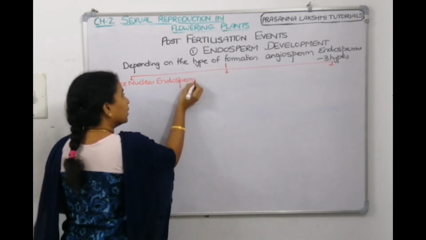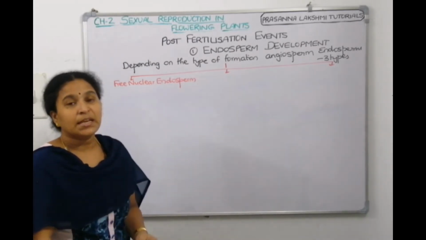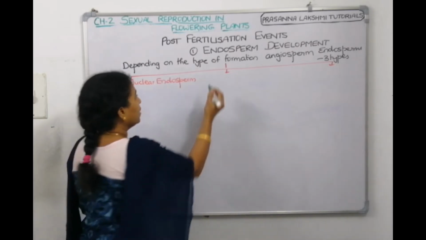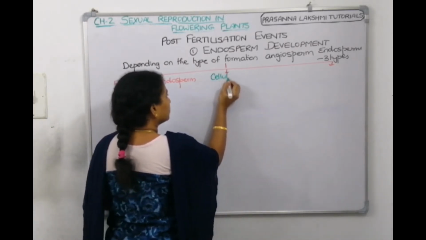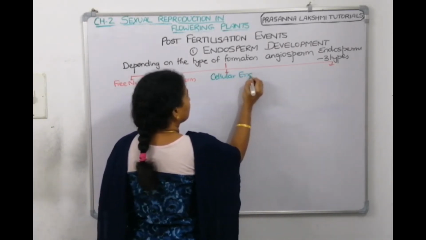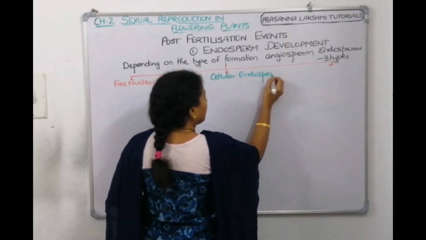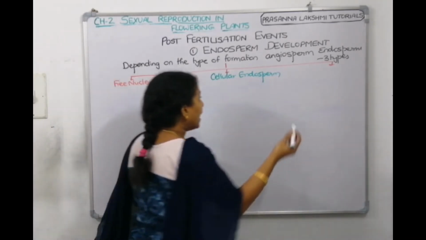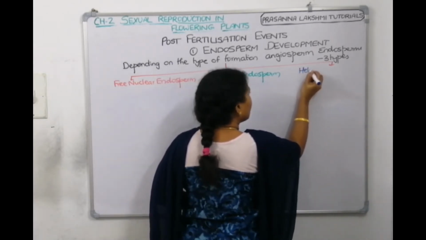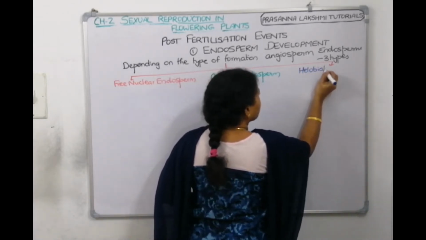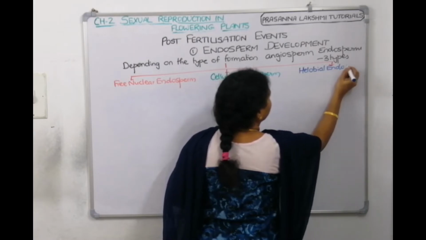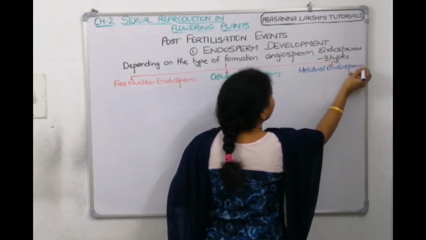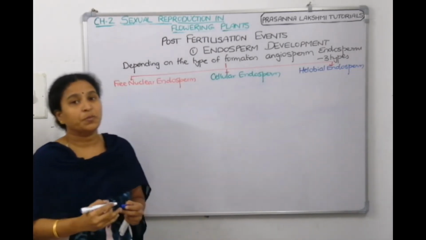And the second type? Cellular endosperm. And the third type? Helobial endosperm formation.